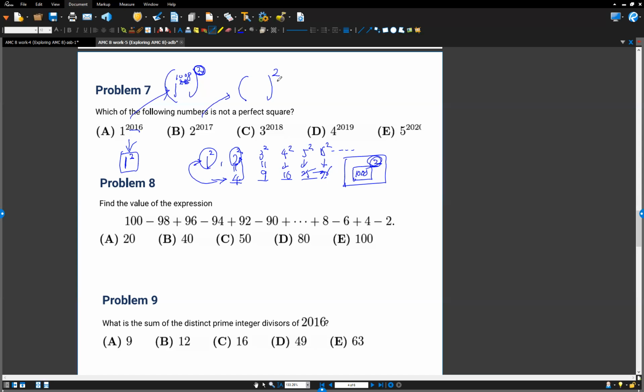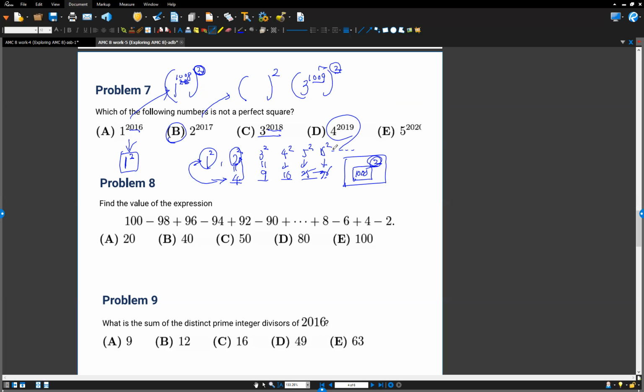You cannot break it anymore. This is not a perfect square. That's the answer. This one we can make a square, right? 3 to the what? 2018 divided by 2, how much? 1009. And make a square, exponent times exponent, that is 2018. This is squared form. What about this one? It is a perfect square.